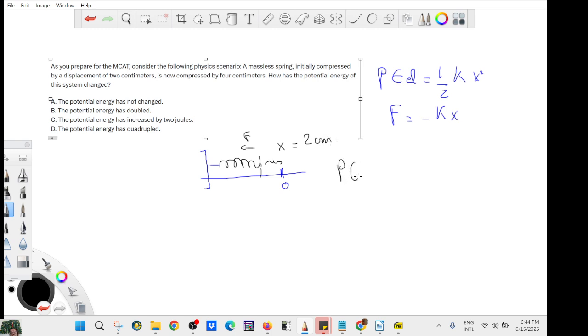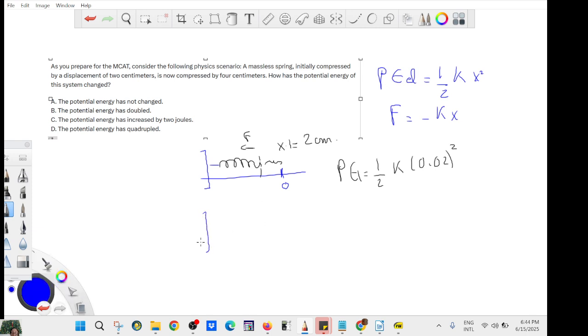So it means the potential energy will be 1/2 k times 0.02 squared. And now you compress even more, so that will be x1. And then you compress even more to x2.